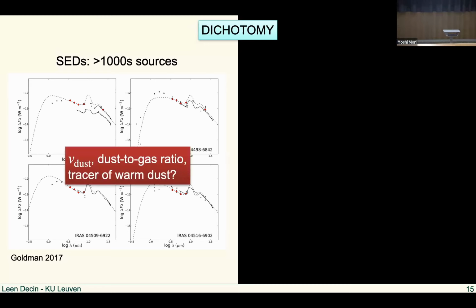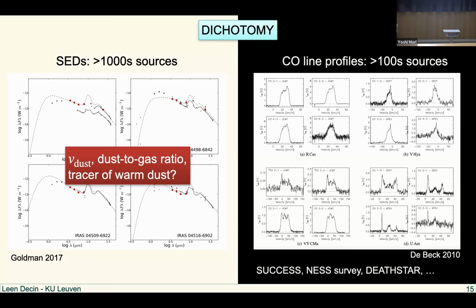However, there we have to deal with the unknown dust velocity, with the unknown dust to gas mass ratio, and we are mainly tracing the warmer dust close to the star. And we have seen that this is exactly also where we have the overdensity owing to the spiral arms that are forming. So don't use spectral energy distributions if you want to estimate the mass loss rates.